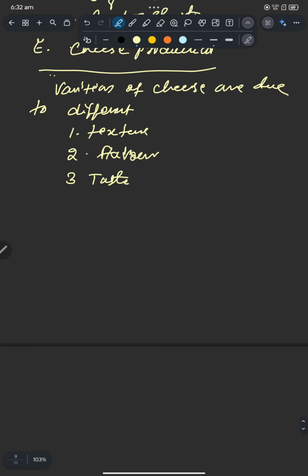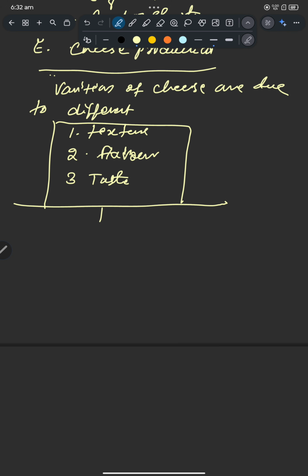These characteristics depend on the microbes used.